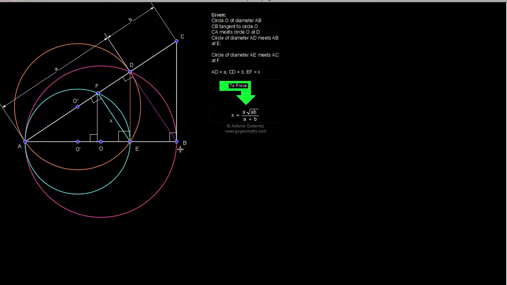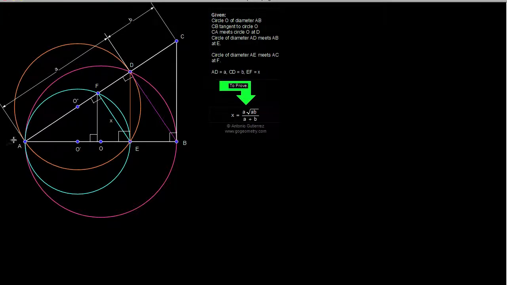So this triangle right here has diagonal AD, which is also equal to a. When I look at this triangle, this isn't a diagonal, it's a side.